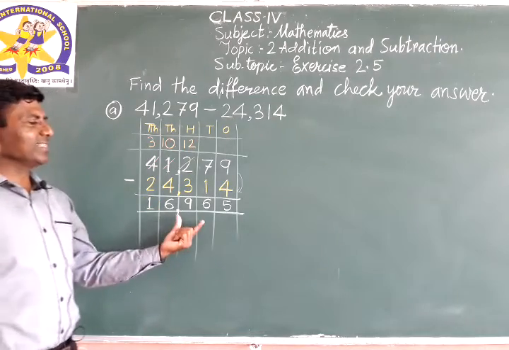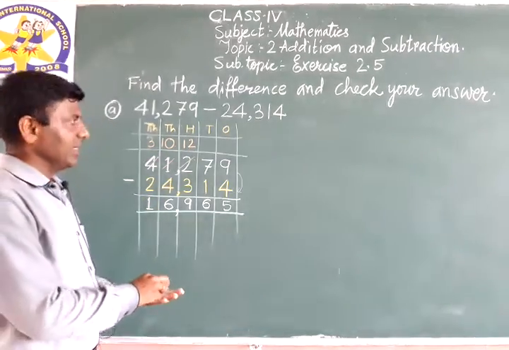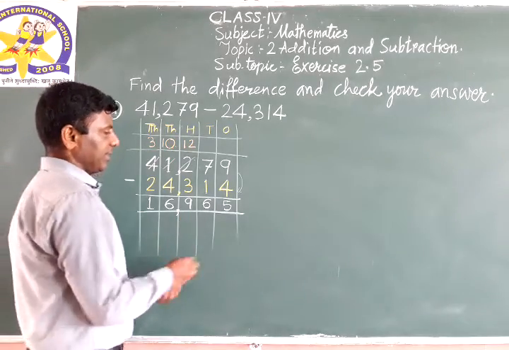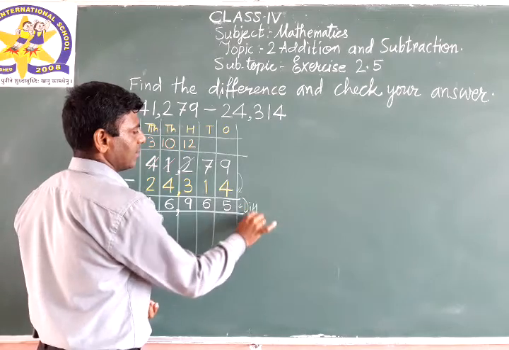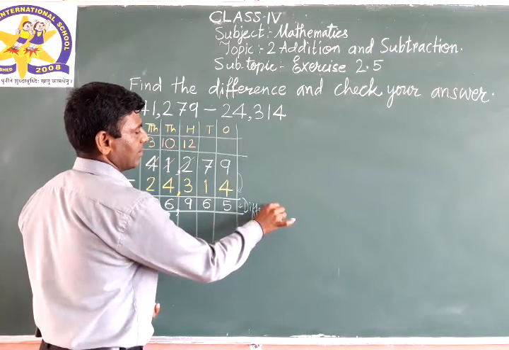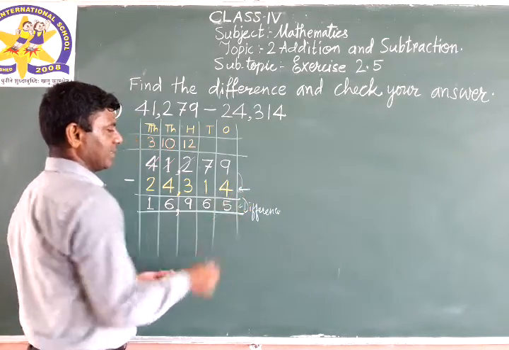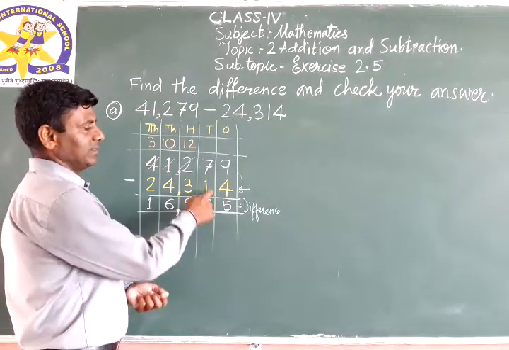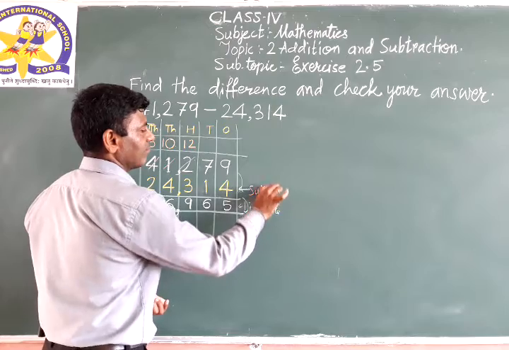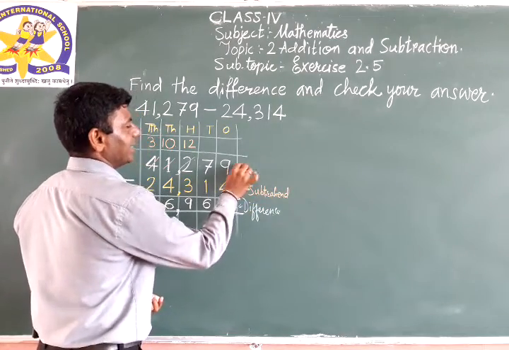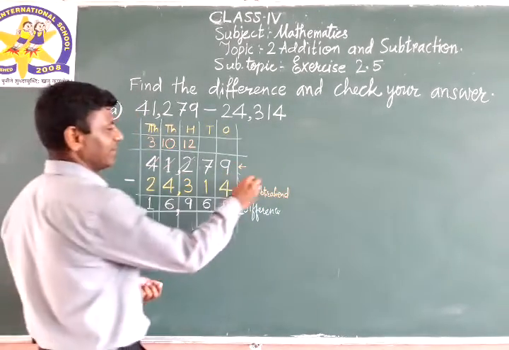This is the difference. What is this? This is called the difference. What is this? We call it the subtrahend. And this is the minuend.